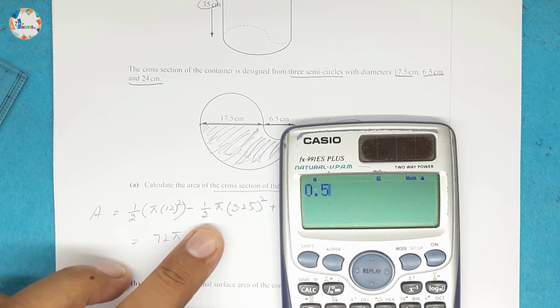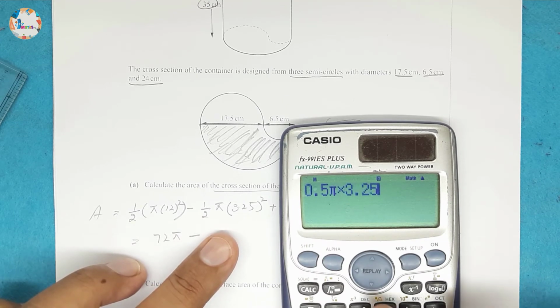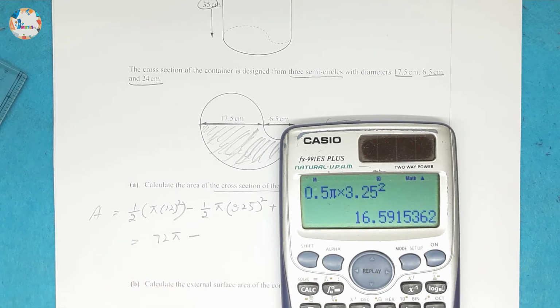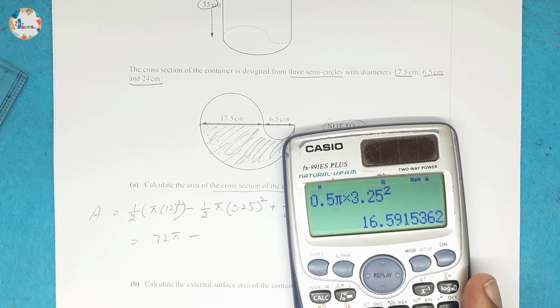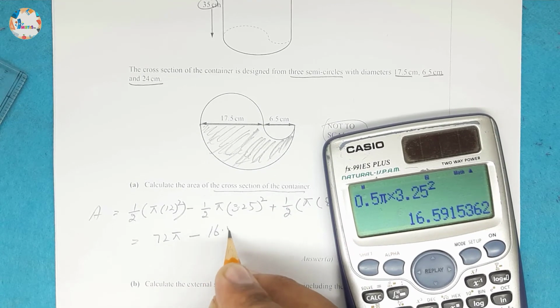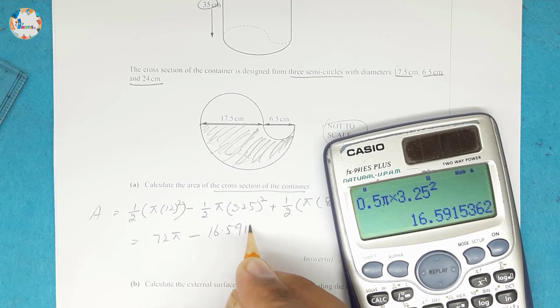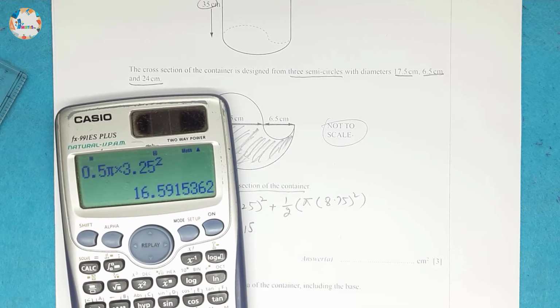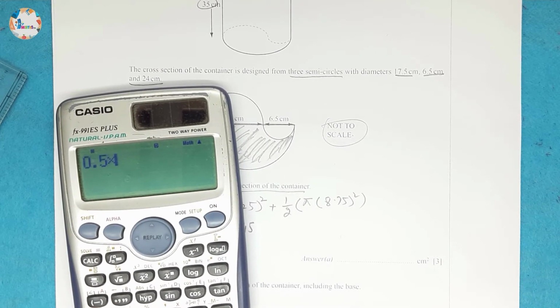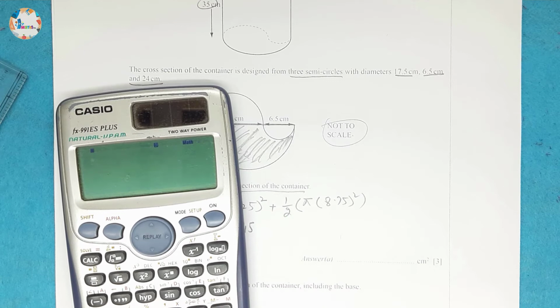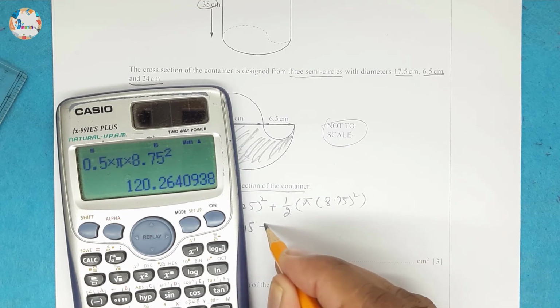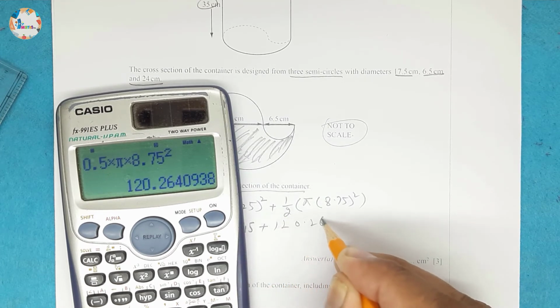So 0.5 into pi and multiply by 3.25 squared, and this will be equal to 16.5915, and the last one is basically 0.5 into again pi and multiply by 8.75 squared, and this is 120.264.